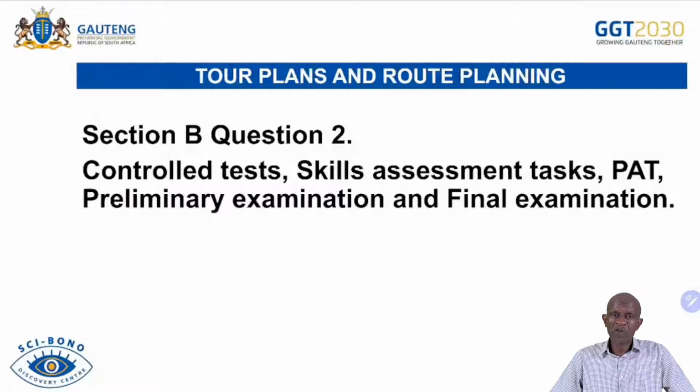You'll also further be assessed on this topic in a control test. You'll also find it on your skills assessment task, in the PET, in the preliminary examination, and the final examination.